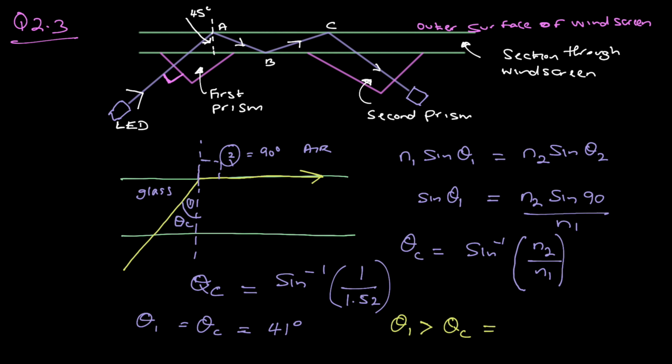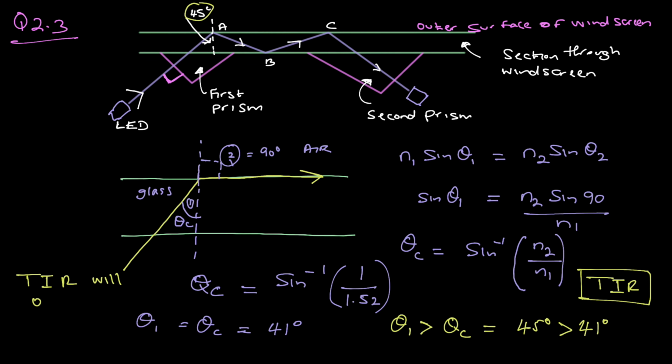This angle here is 45, which is greater than the critical angle of 41 degrees. Therefore, total internal reflection will occur. Let me just put it here: TIR will occur.